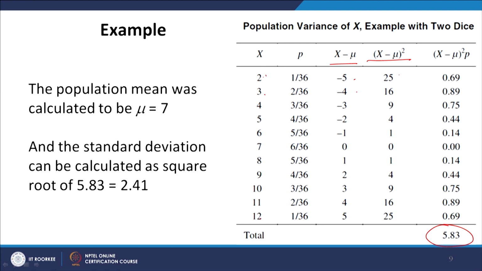Then this column is multiplied by the probability values. So, this is x minus mu square multiplied by p, and summing them up I arrive at 5.83, which is the population variance, and the square root of 5.83 is 2.41, which is the population standard deviation. So, this is how we calculate population variance and population standard deviation.